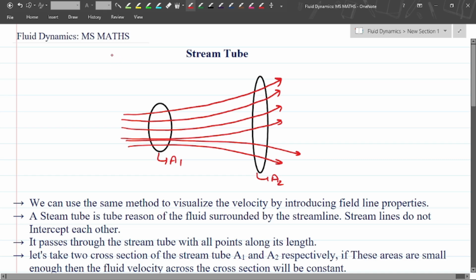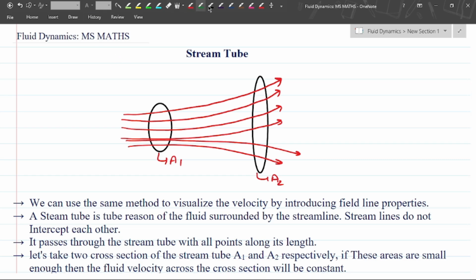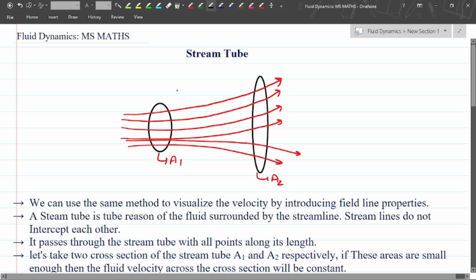So the fluid passing through the area A1 has density rho 1 and velocity V1. And it is rho 2 and V2. Similarly, the total flux will be rho 1, A1 and V1, and similarly, rho 2, A2 and V2.